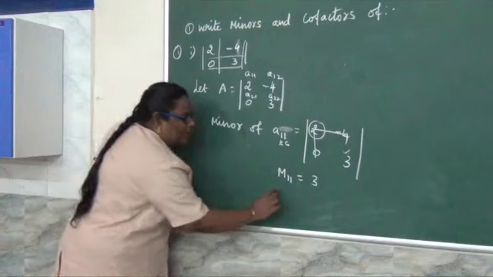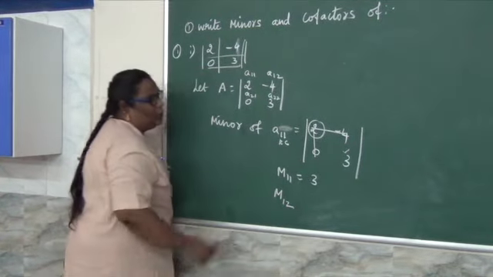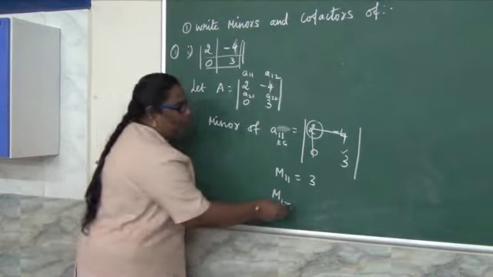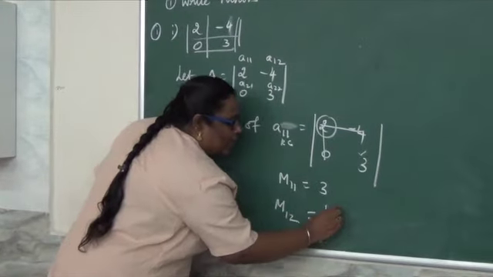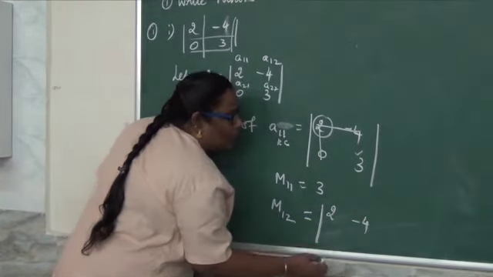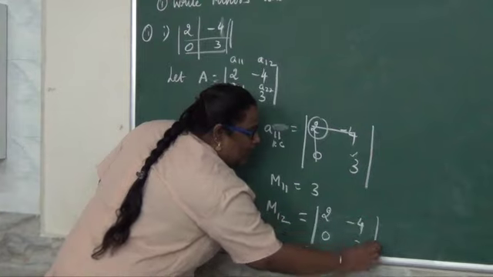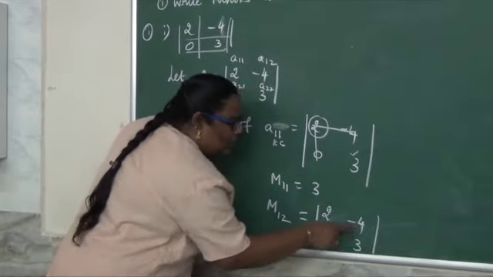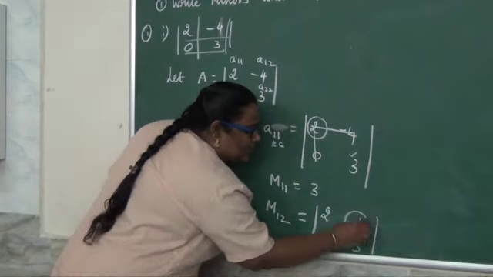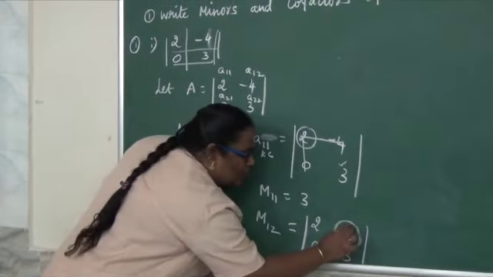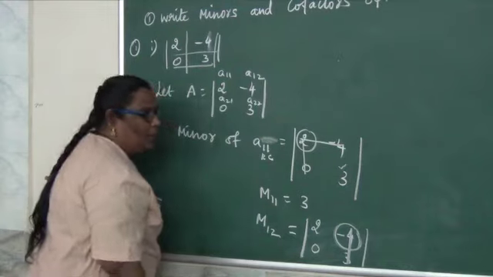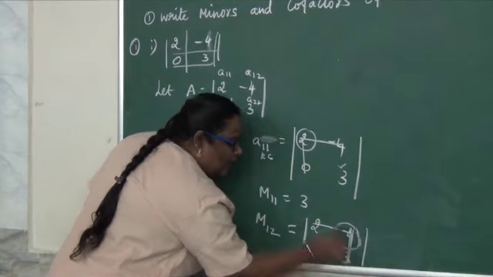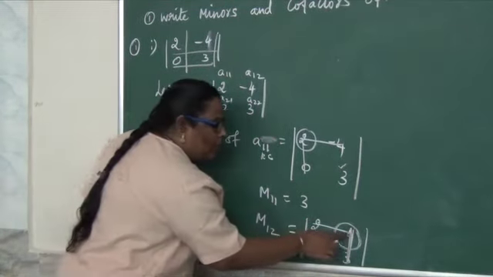Next we move on to M12, the same determinant 2, minus 4, 0, 3. That is first row, second column. You delete that row and column.